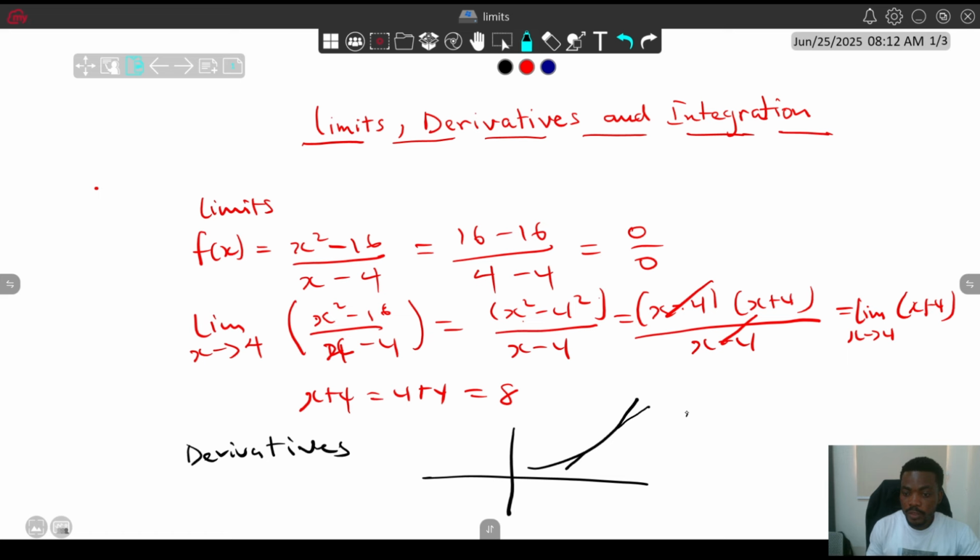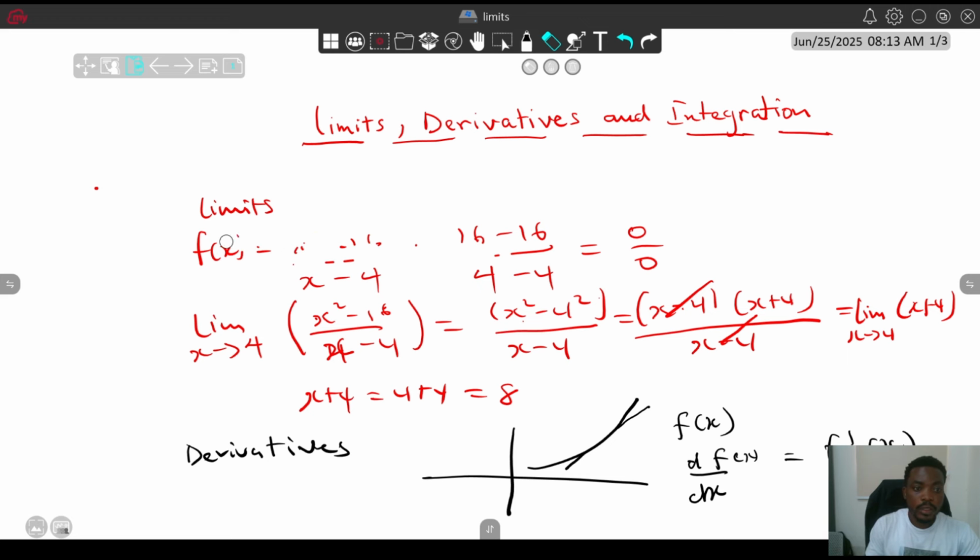Say the function here is f of x. All you have to do is find the derivative of f of x, which is f prime of x. So f prime of x basically represents the slope of the function.